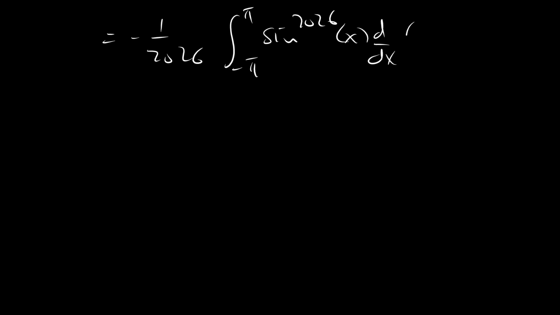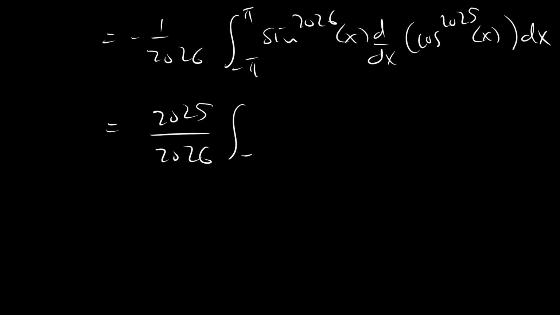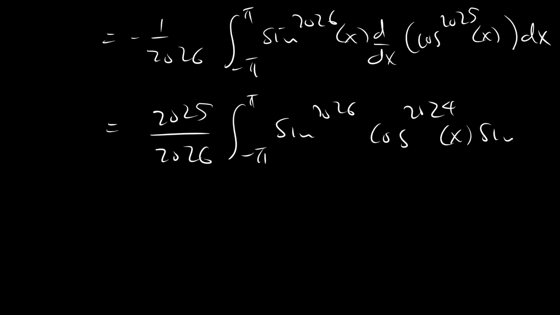So we have negative 1 over 2026, and this becomes negative, so we have 2025 over 2026, and we have cosine to the power 2024 of x, and then we have sine of x.